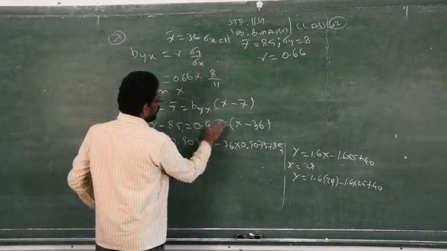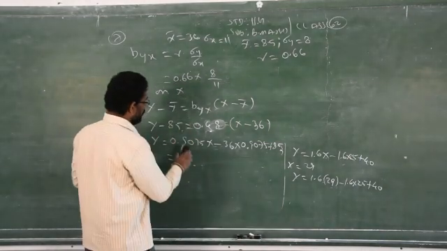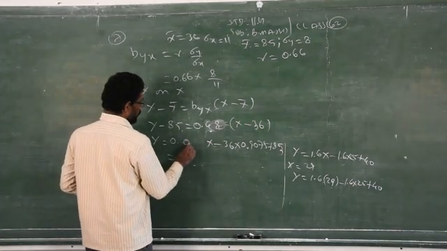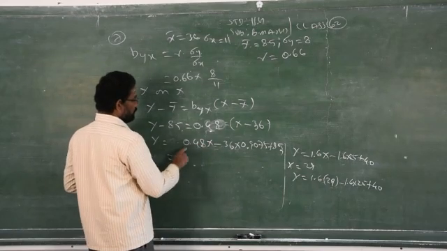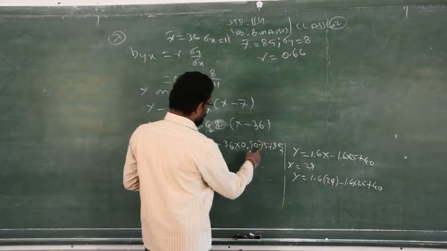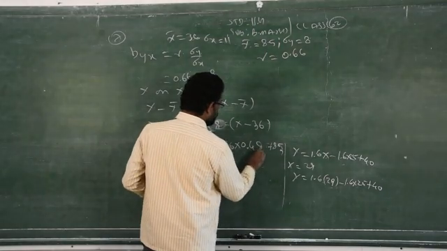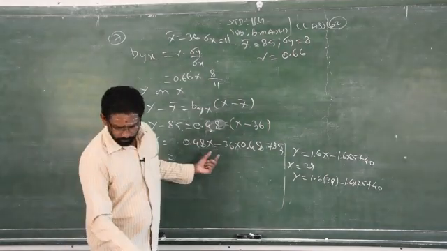Be careful, it should be 0.48. That's why I told you, please check, don't copy as it is what is written on the board. 0.48. So what will come here? 0.48. Just multiply and substitute the value of x as 10.